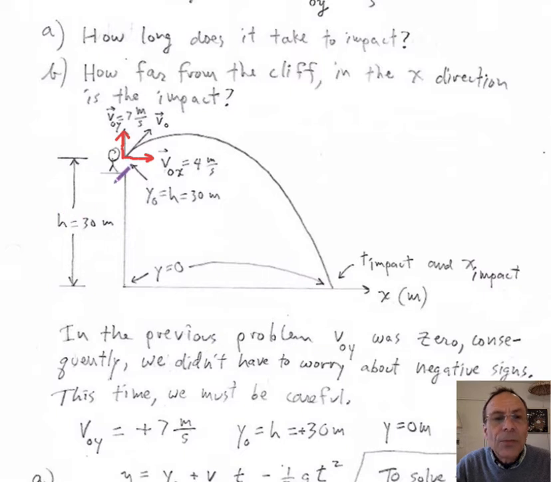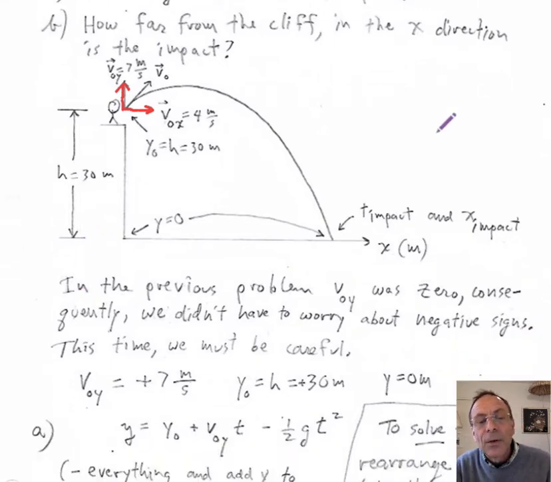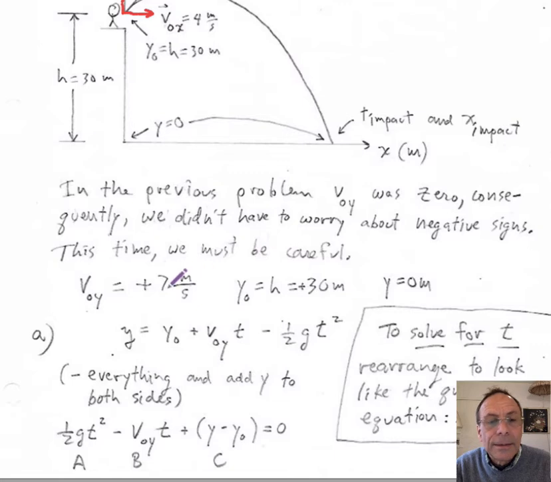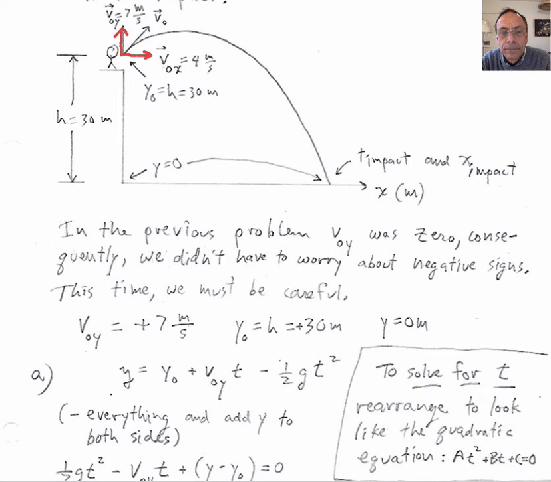Now, because we have up and down motion, we have to be careful with the negative signs. And so we're going to go with the convention, up is positive, down is negative. And all right, so here is our initial information. V0y is plus 7 meters per second. Our initial y position is equal to the height of the cliff, which is 30 meters.